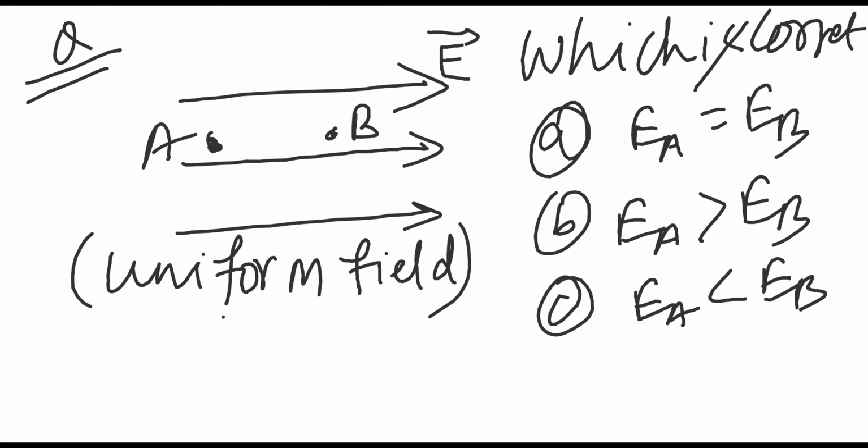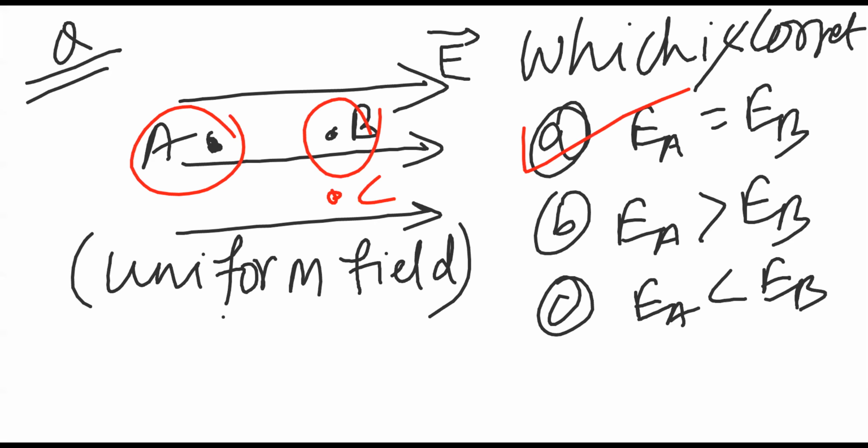So if it is a uniform field, uniform field means the field will be equal at each point. Take C also. Take D also.